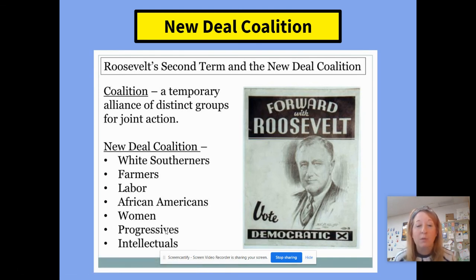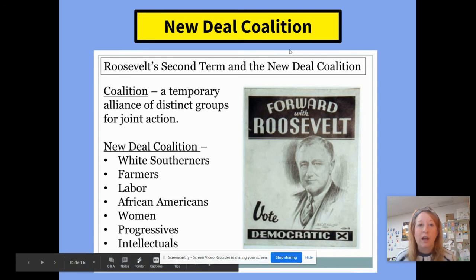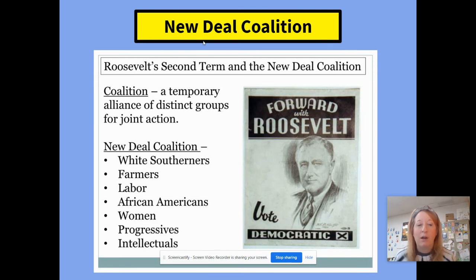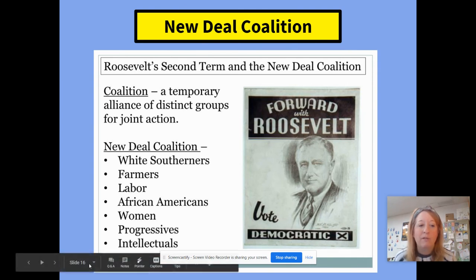For the most part, from Roosevelt's presidency all the way through approximately 1968, Democrats will dominate the presidency, the only exception being Dwight D. Eisenhower, who serves during the 1950s. So this shift of who supports Democrats and this dominance of the Democratic Party for the next 30, 40 years is known as the New Deal coalition.